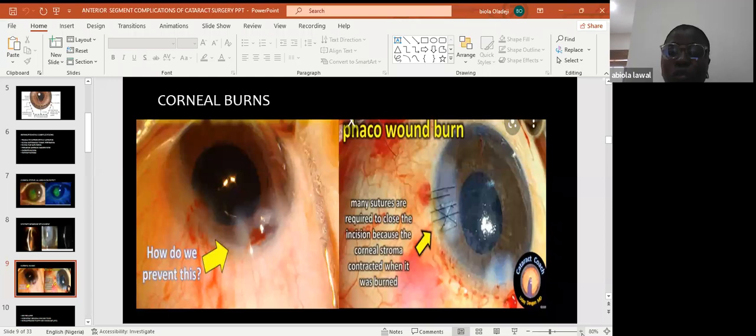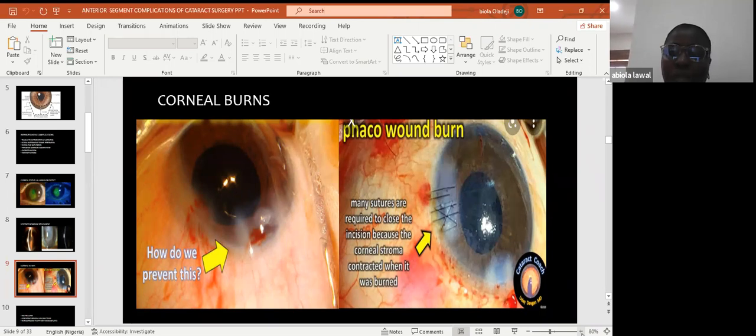And also, if the corneal incision is too tight, it can also predispose to a phaco burn. The ideal corneal incision for phacoemulsification cataract surgery usually should be about 2.4, 2.5 to about 3.2. If your incision is too large, it defeats the purpose of a phaco sutureless surgery. And if it's too small, it can predispose to this complication. And when it does happen, prior to the burn, there's usually a milky fluid around the phaco tip.